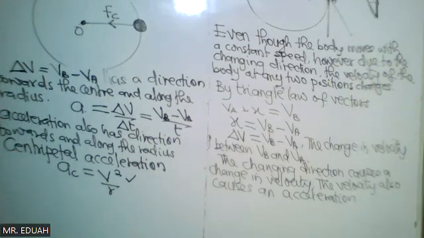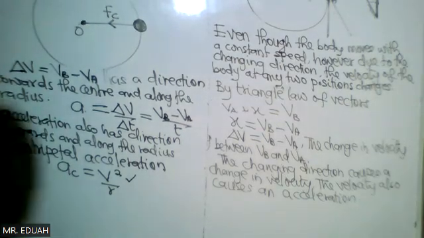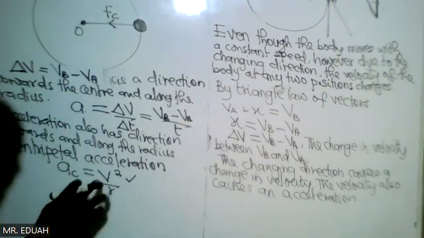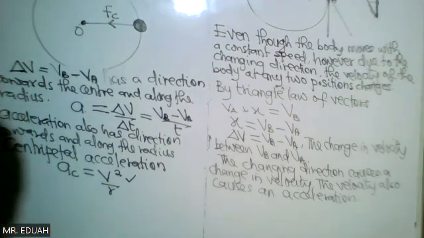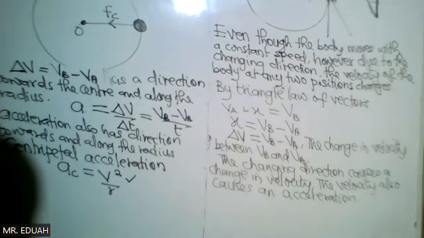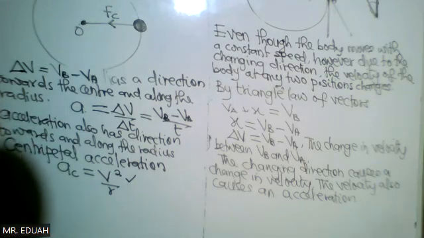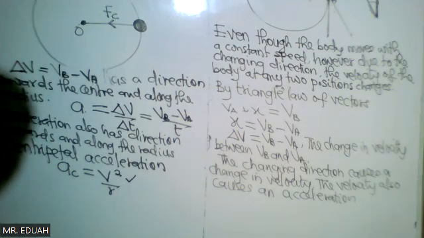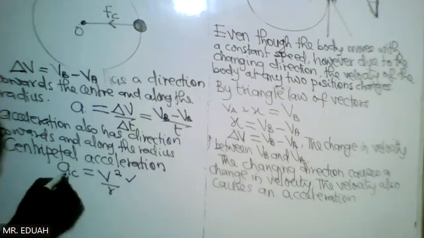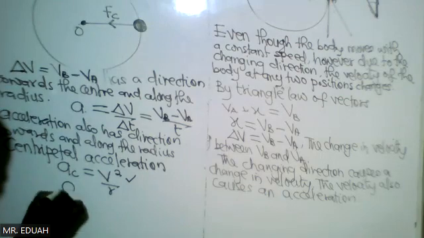The acceleration, which is caused by the change in velocity, has a direction towards the center. Because of this reason, we call this centripetal acceleration or radial acceleration. So in some books, you'll see this as AC or AR.